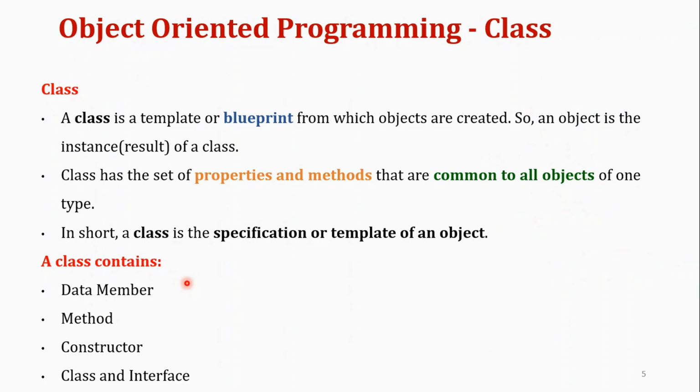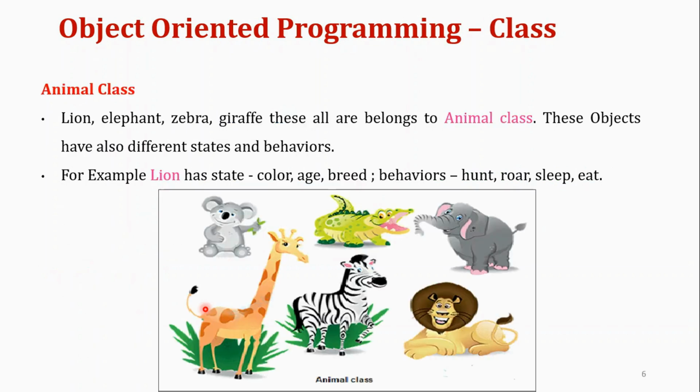A class contains data, methods, constructors, classes, and interfaces. In a class, I may have interfaces and classes, sometimes constructors, and most probably data and functions. Let us check the animal class as a real-time example. Many animals like elephants, giraffes, zebras, and lions belong to the animal class, and each object has its own state and behavior.